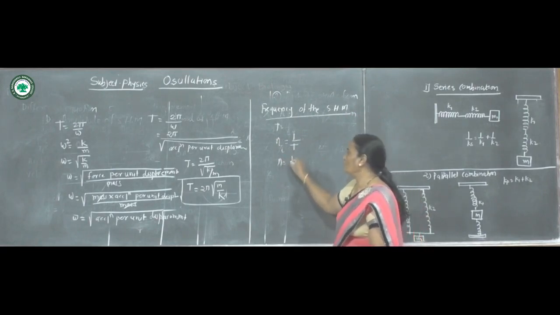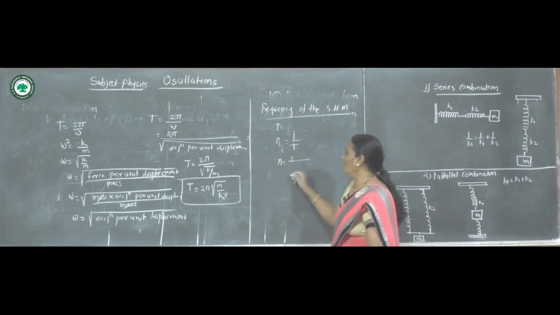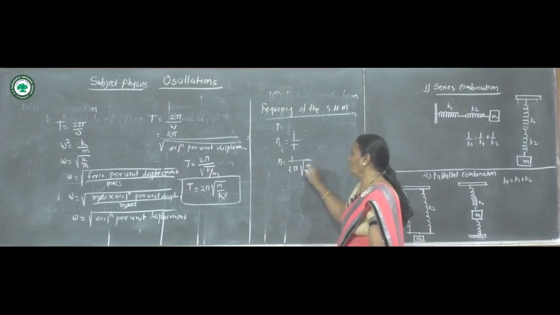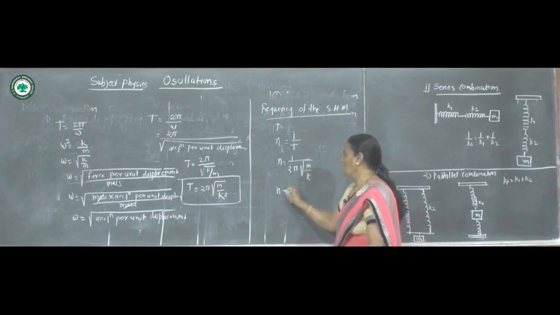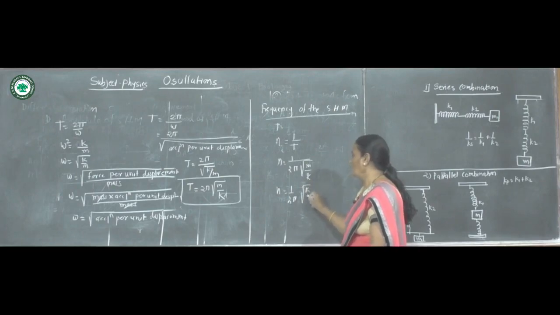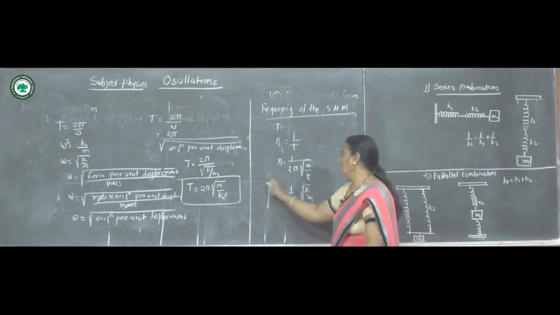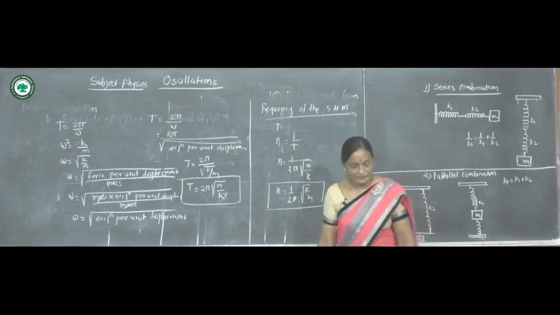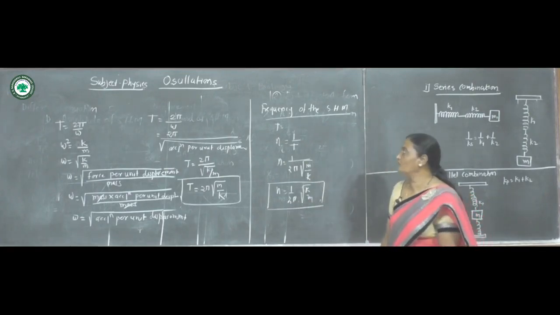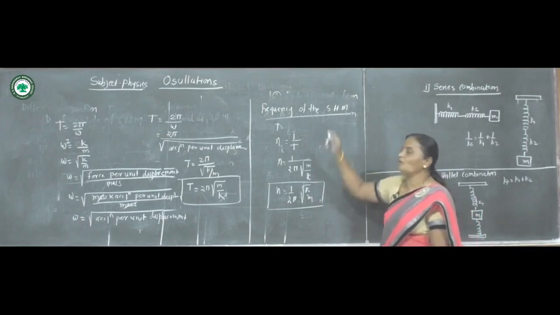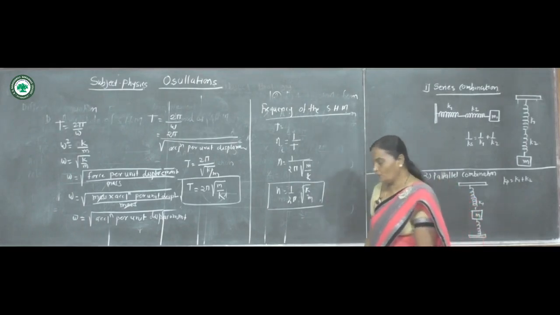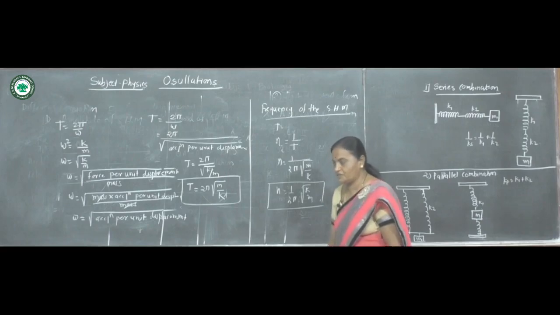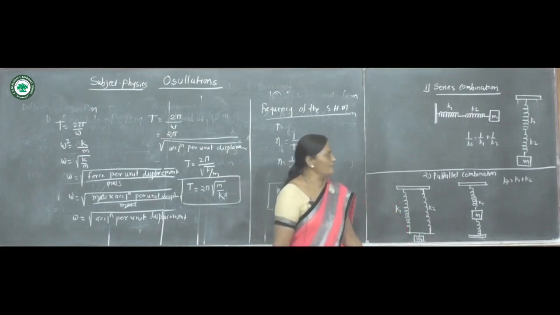Then n is equal to 1 upon T, that is n is equal to 1 upon 2π under root k upon m. From this formula we can find the frequency of a particle performing simple harmonic motion. The next definition is phase and phase angle.